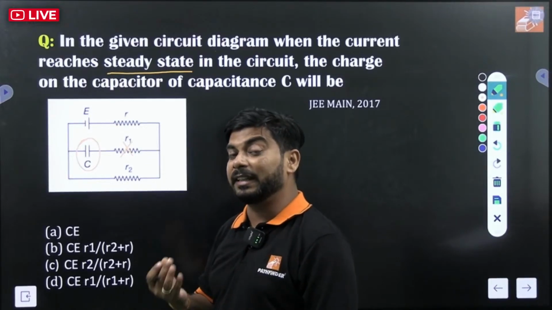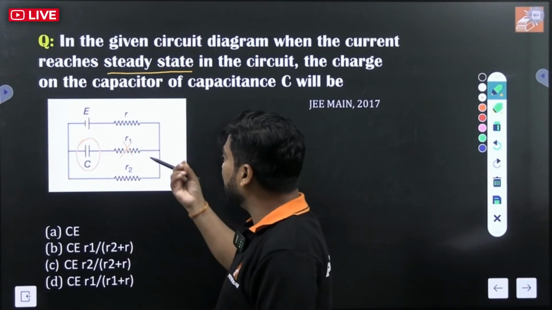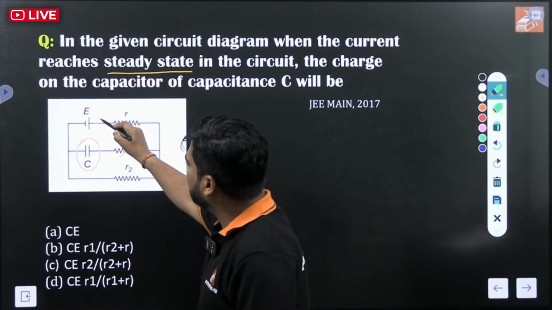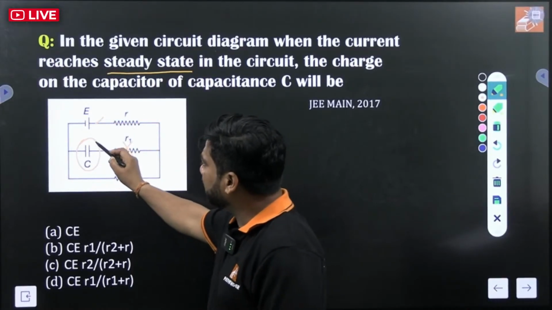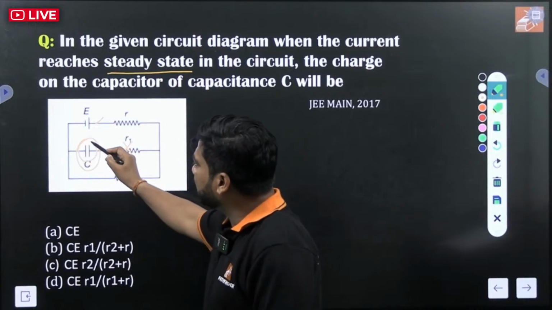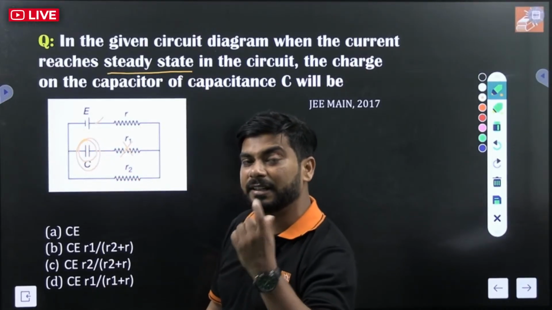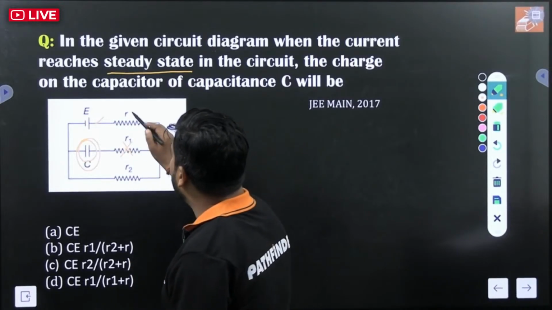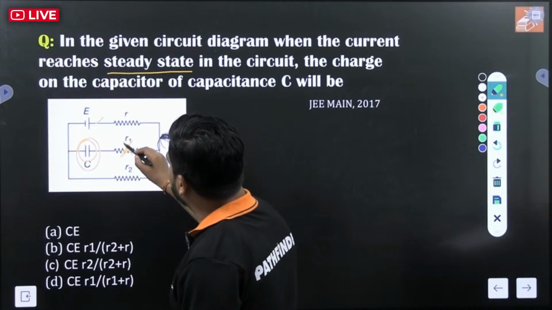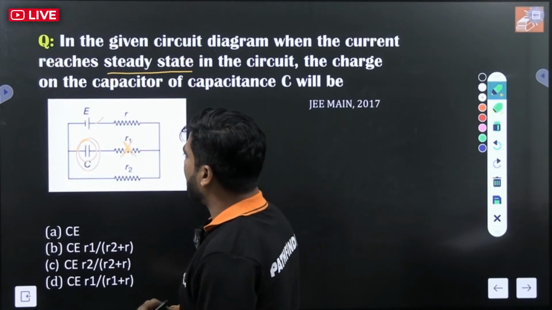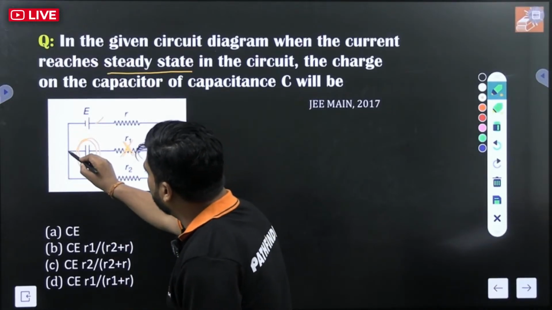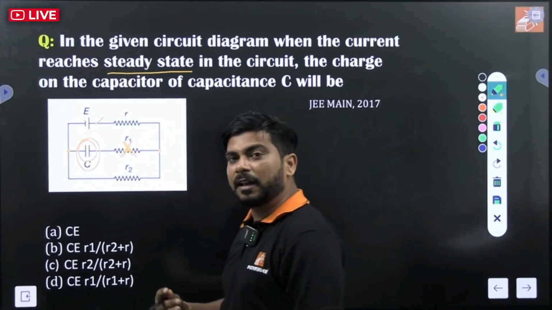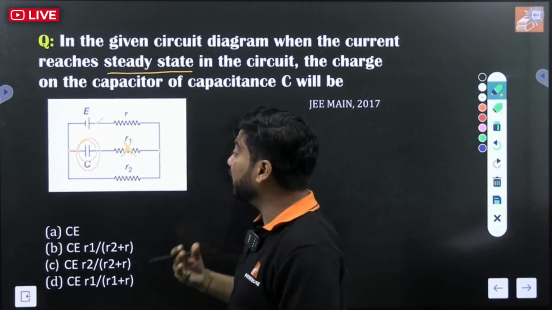And you know that at t equal to 0, when current just starts, suppose we put a key here, this capacitor will behave as a conductor. So these two key differences are there; you should note them down. Now, in this case, R1 has no role to play. First, if we are able to calculate the potential difference across this point, this is how you can frame it and reach the solution.